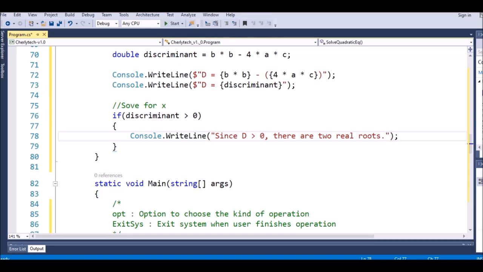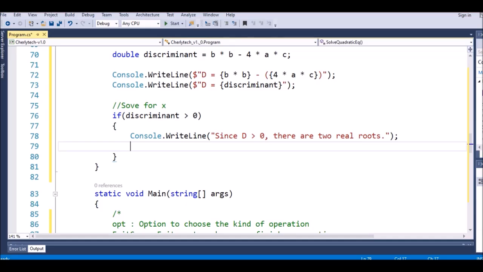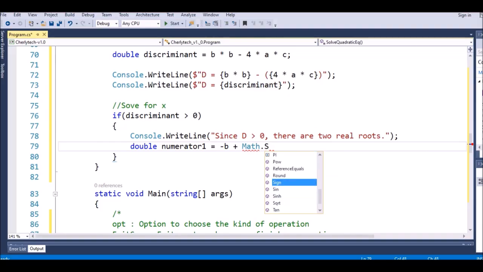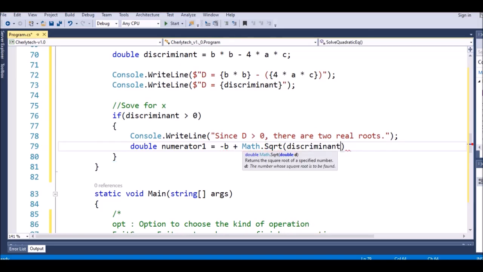So we solve that for the numerator. So I say double numerator 1, I have numerator 1, this equal minus b, right, and plus Math dot square root, this one, and in here we use discriminant like this, and similar to this, just copy this one to calculate the numerator number 2.